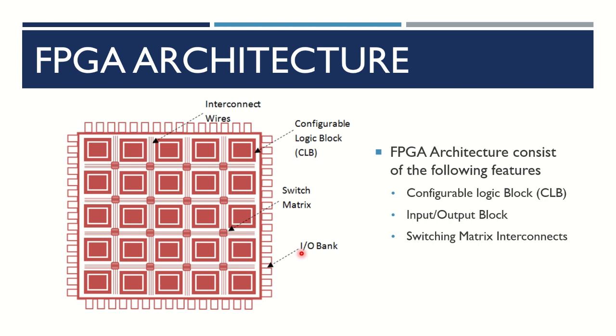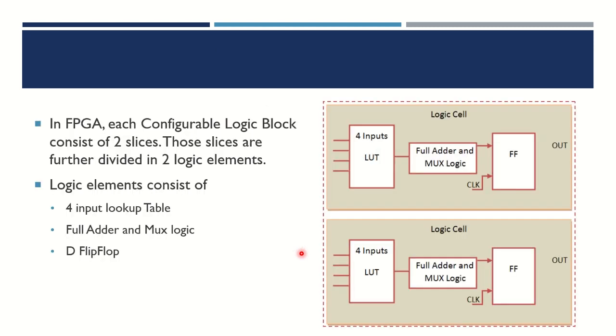Here we are using two basic types of programmable elements. One is SRAM, the other one is antifuse. The configurable logic block contains a programmable lookup table, a multiplexer, a register, and paths for the control signals.